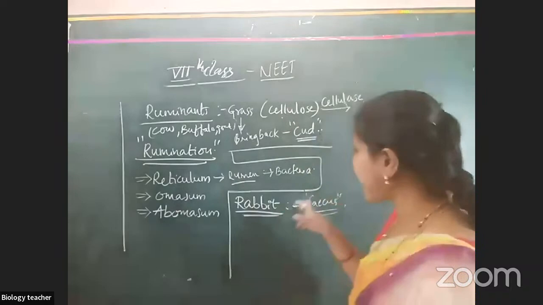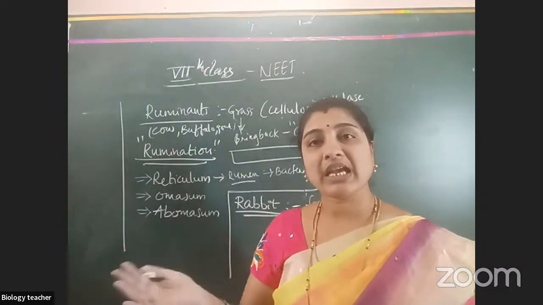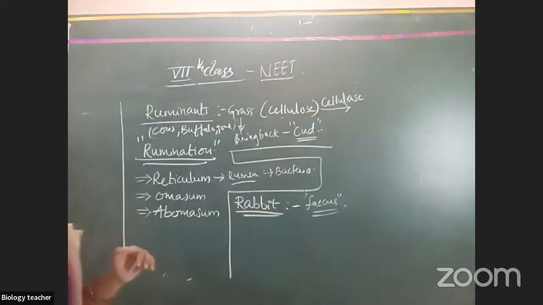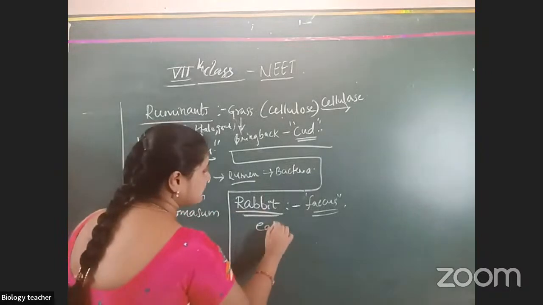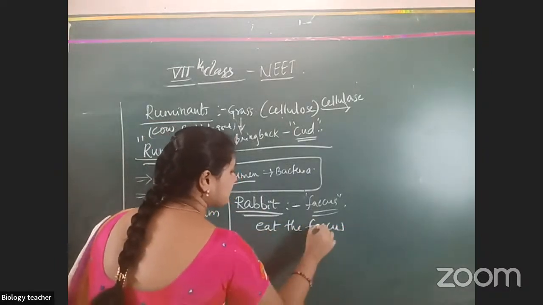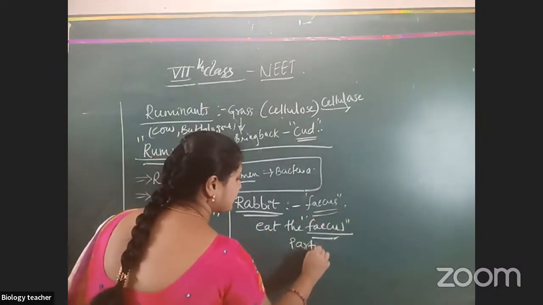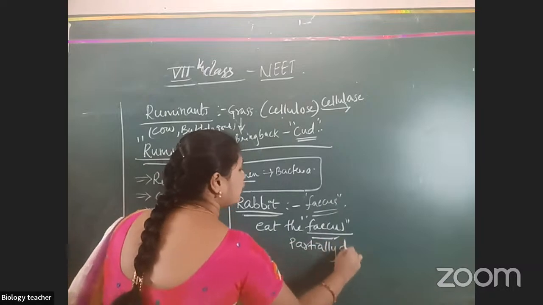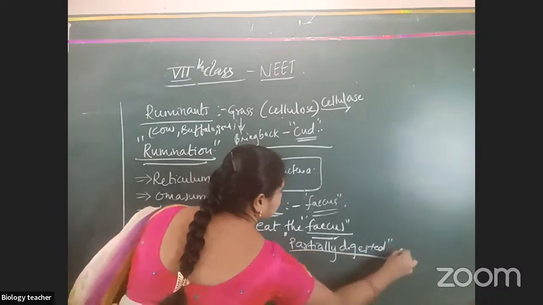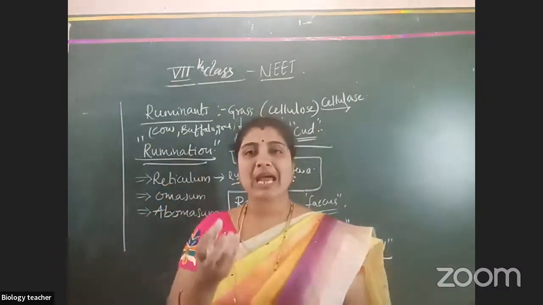That feces, the rabbit will eat again. Because the first feces is partially digested. For example, a rabbit will eat carrots.